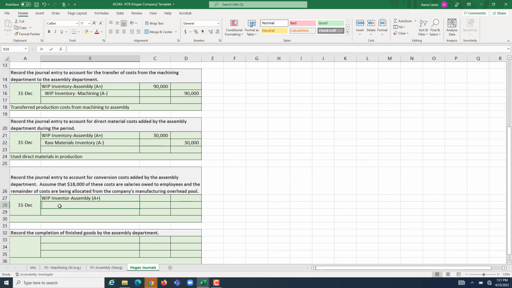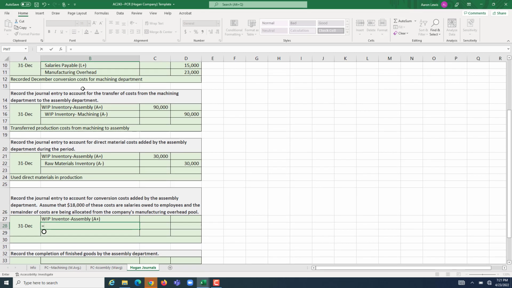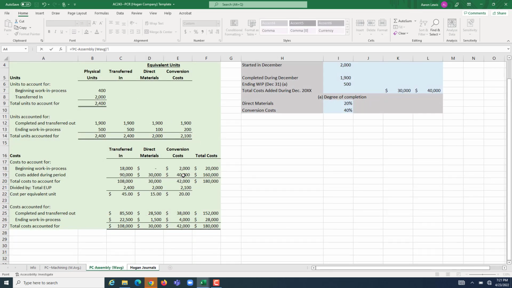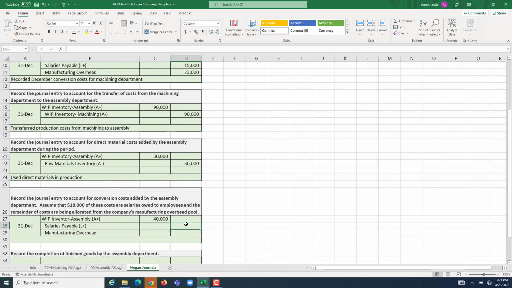And since they're going to be the same, I'm just going to hit equals, and I'm going to grab those lines from up here. So we get a credit to salaries payable and a credit to manufacturing overhead. What amount of conversion costs were added in total by the assembly department? Well, we can find that here. We see that they added a total of $40,000 worth of conversion costs for the period. What amount came from our salaries payable?